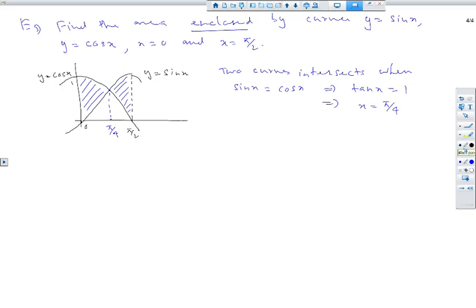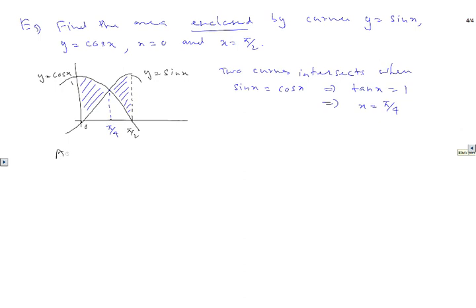So the area is again 0 to pi over 2 of the absolute value of cosine x minus sin x dx, but you actually need to split the integral properly.